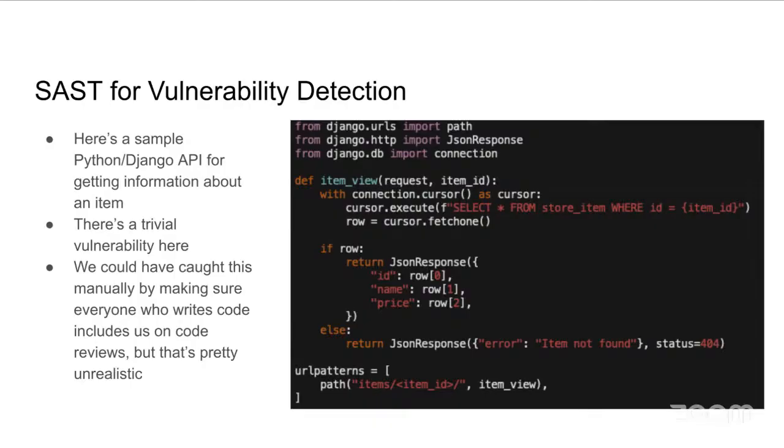This does not scale. When you're at an organization, you cannot review every single piece of code that goes out. When you have 10, 100, or even 1,000 developers, how will you manage to pull off this kind of code review? It's pretty unrealistic.